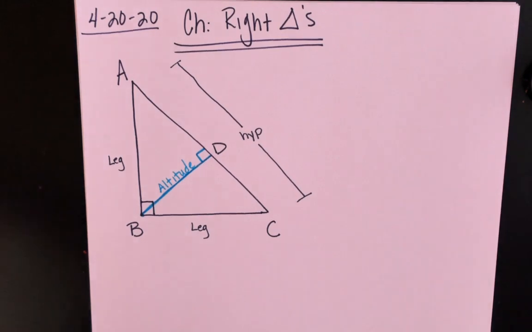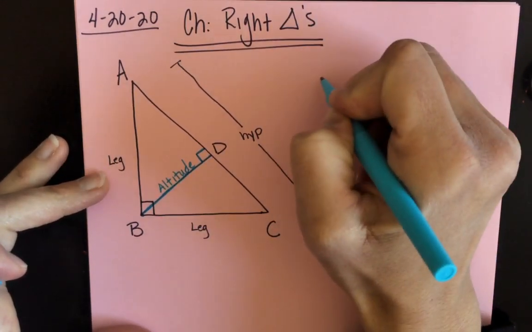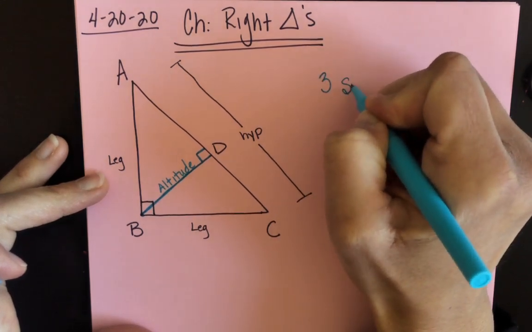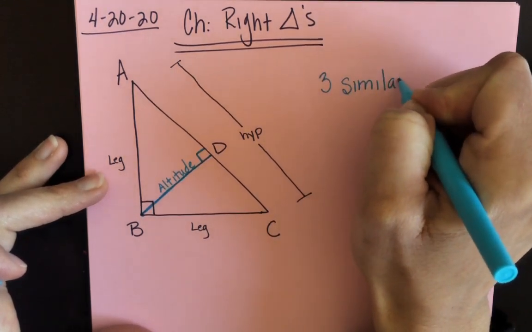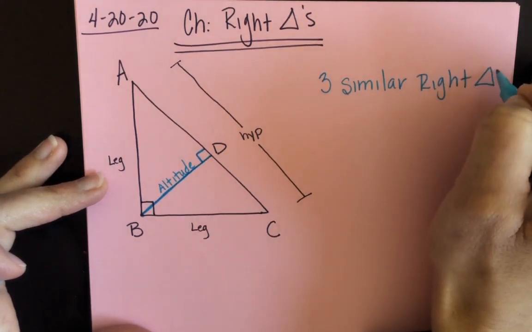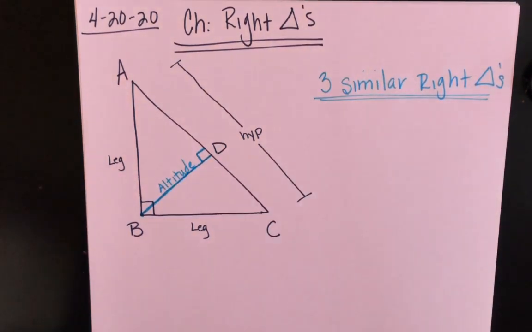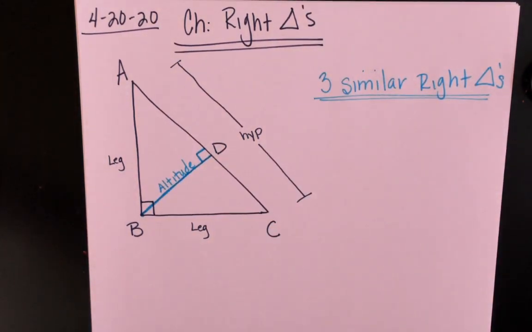So let's talk about that we have three similar right triangles. Now, and you know what?